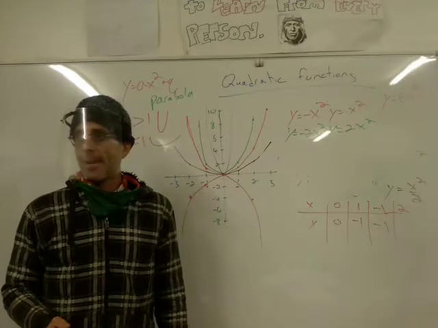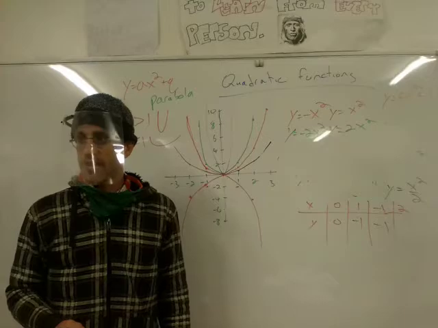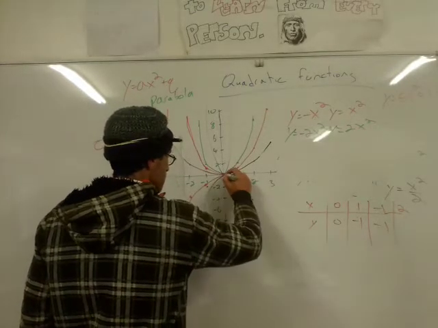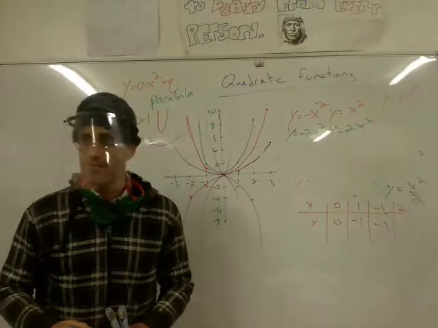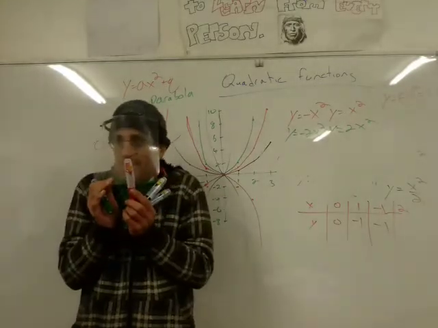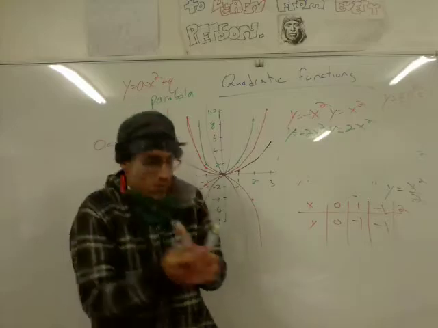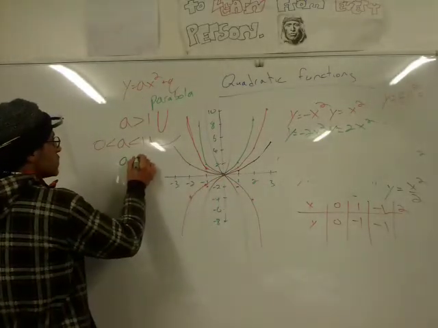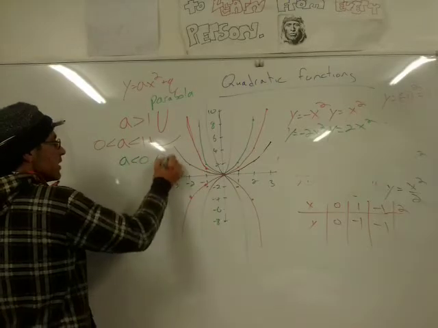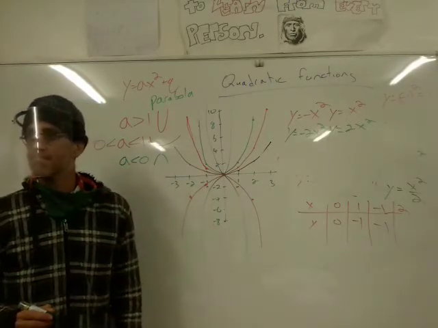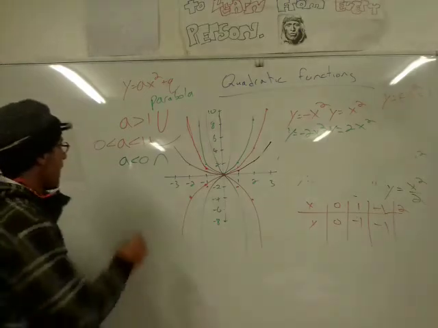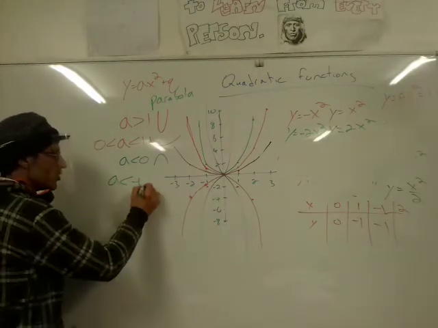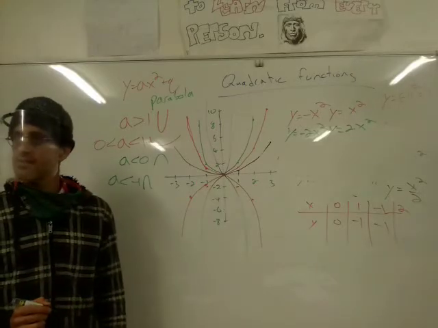It's going to be a skinnier sad face, right? I'm not drawing it very carefully here, but it's still going to be a skinnier sad face. So I'm going to add two things for this. If a is smaller than 0, then we just have a sad face. If a is smaller than minus 1, it's going to be a skinny sad face.